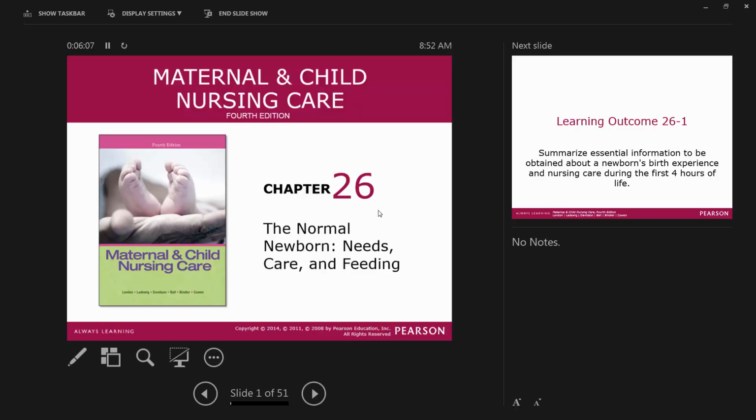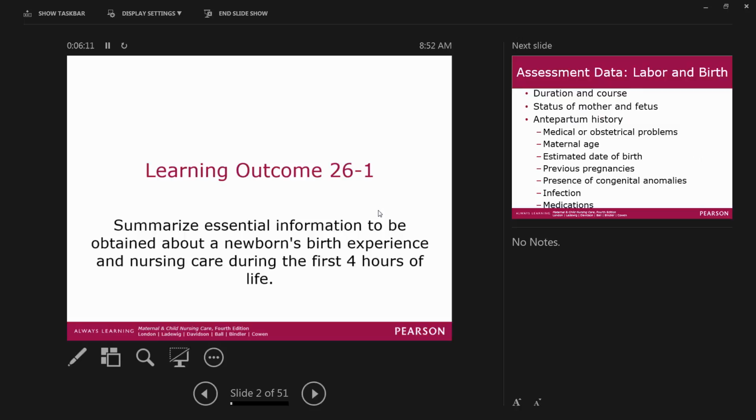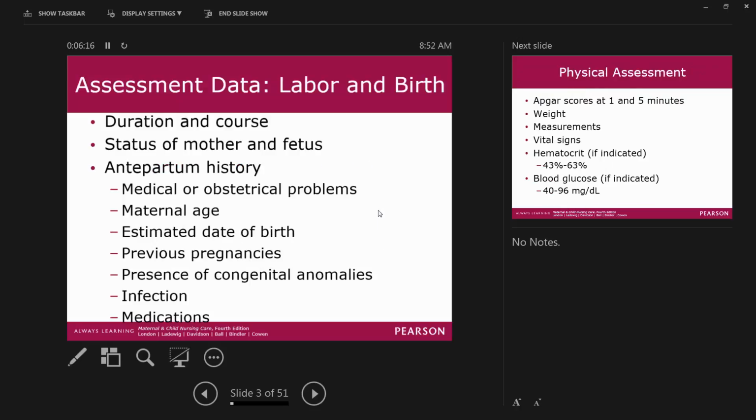Okay. Needs care and feeding. Nursing care during the first 4 hours. So when the lady is in labor, we want to know these things, or whoever's caring for the baby is going to want to know these things if she can before the baby's born. It just helps prepare you for what you might get.